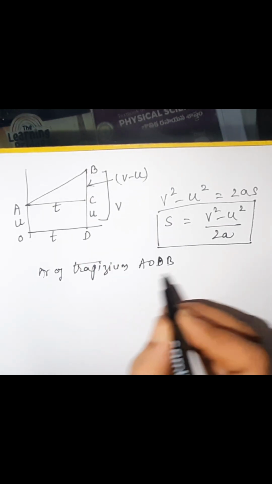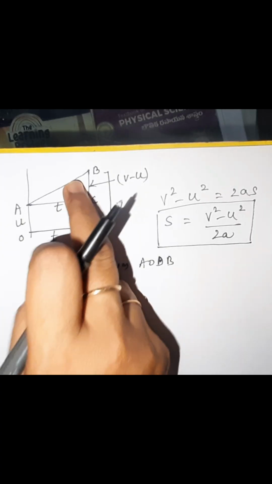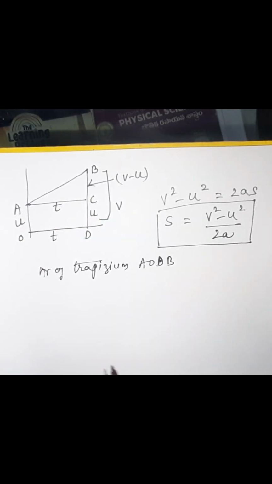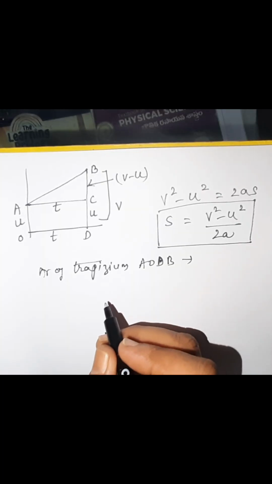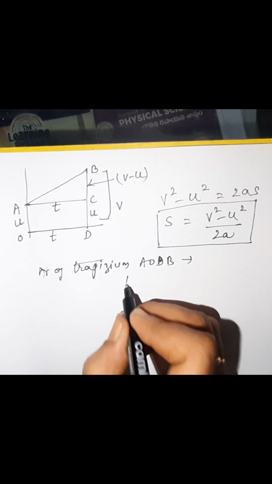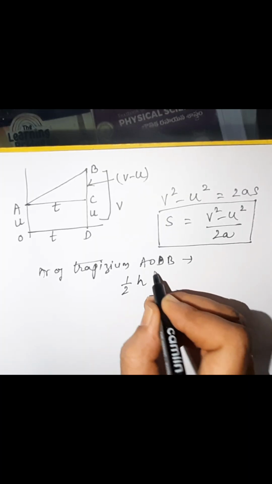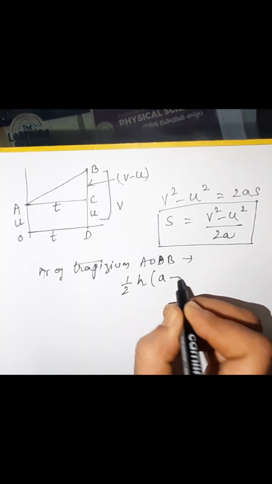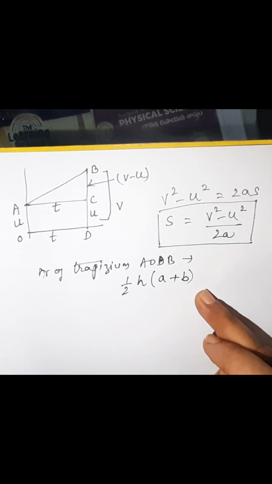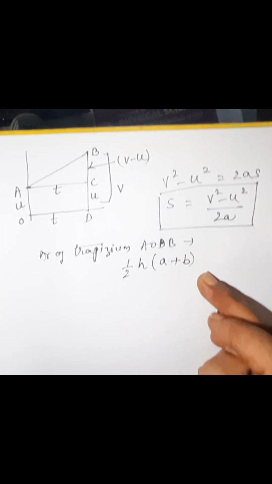In the previous case, we divided this trapezium into a rectangle and a triangle. But in this case, we are going to apply directly the formula of the trapezium. Area of trapezium is half into height into (a plus b), where a and b are the parallel sides. Recently you had this in your 8th standard.